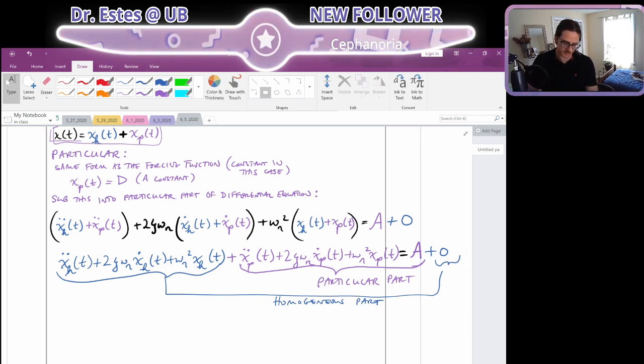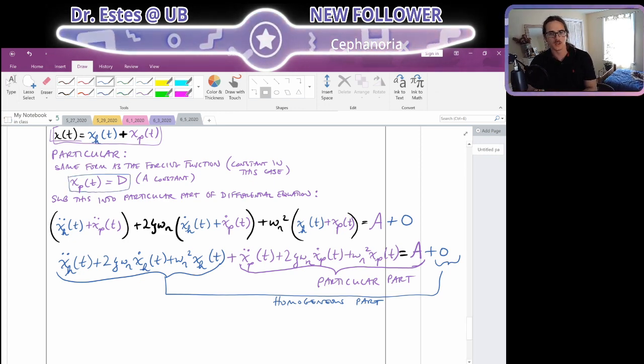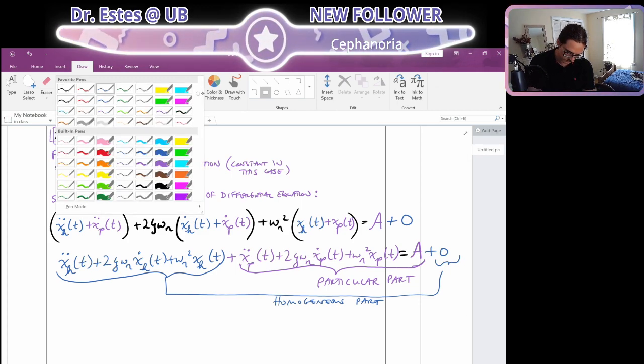So when I say we're going to substitute this particular part into the particular part of the differential equation, it's this purple part that I'm referring to.